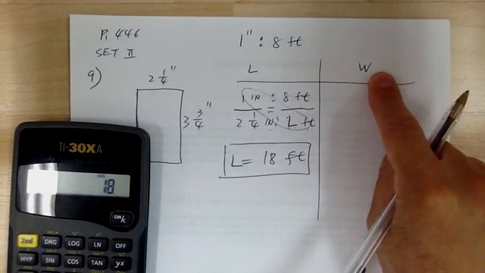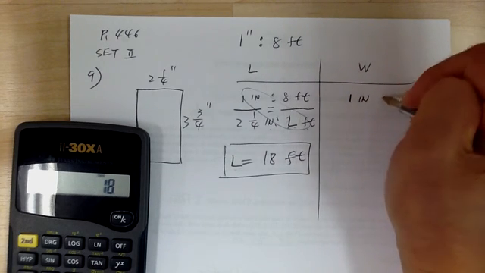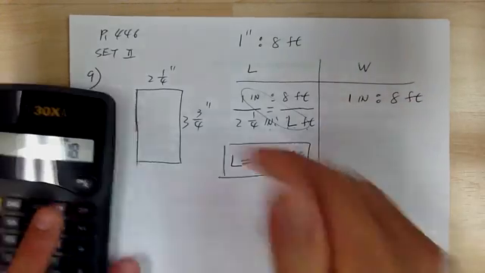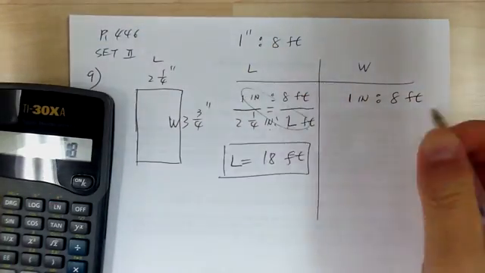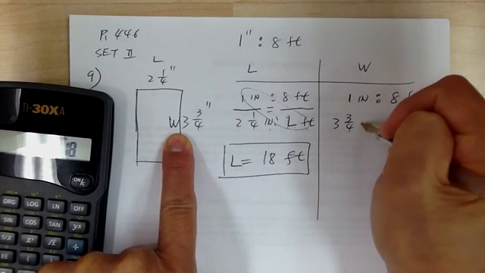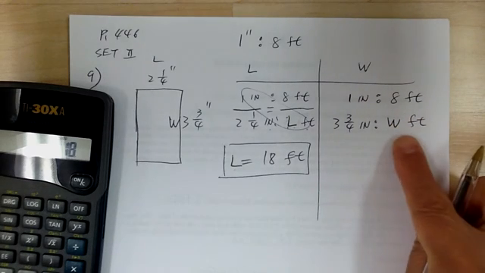Now you do the same thing with the width. Again, the ratio is 1 inch to 8 feet. Over here you try to figure out the width, which is 3 3/4 inch. So you need to figure out how many feet, W, right? That's what you're looking for.